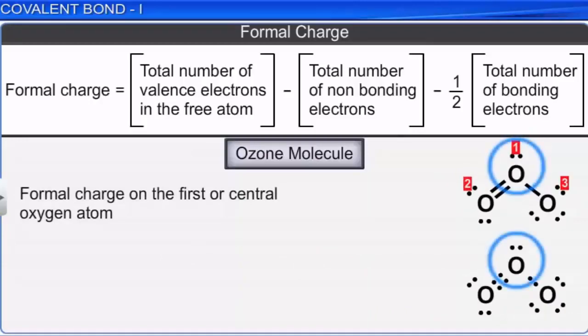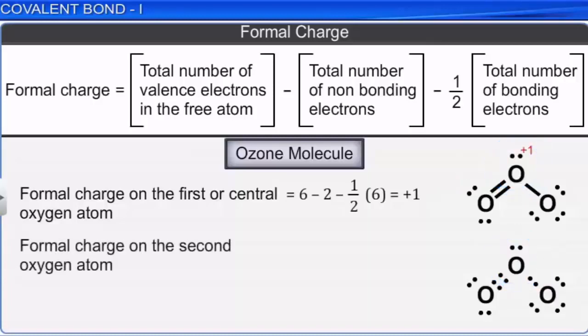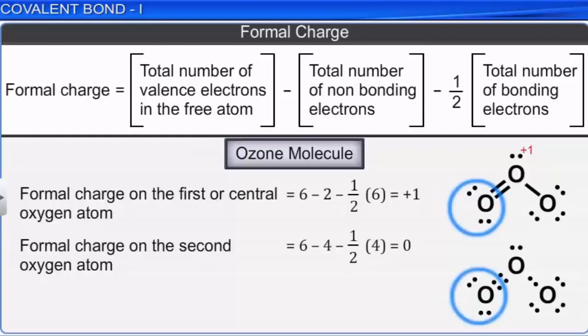The formal charge on it is equal to 6 minus 2 minus half multiplied by 6, which is equal to plus 1. The formal charge on the second or doubly bonded oxygen atom is 6 minus 4 minus half multiplied by 4, which is equal to 0.